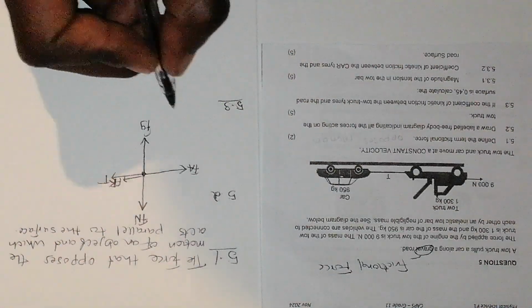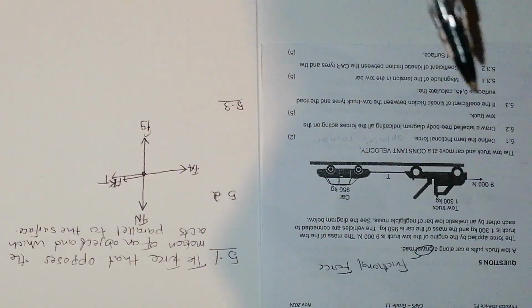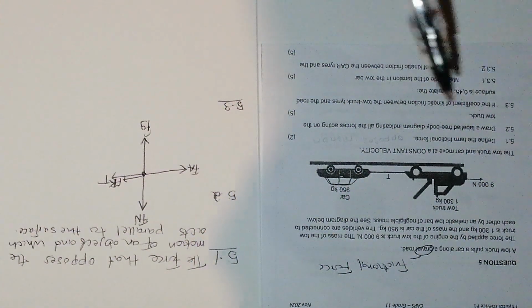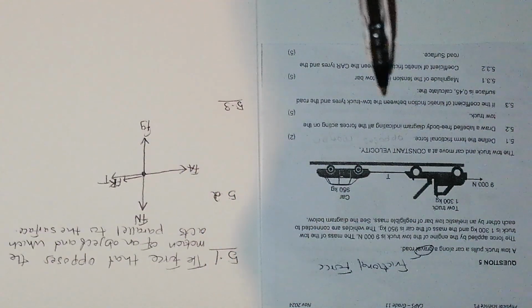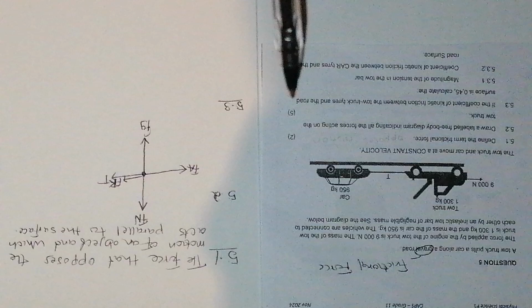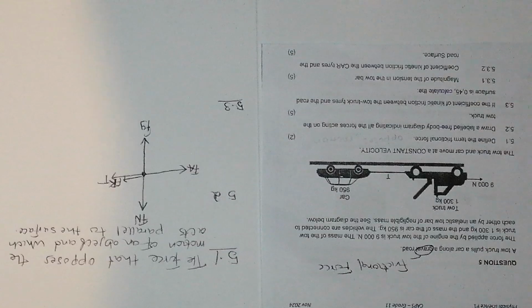Okay. Therefore, we are given the value of the coefficient of kinetic friction, mu k, between the tow truck tires and the road surface, which is 0.5. Then they say calculate the magnitude of the tension in the tow bar. So how is this?